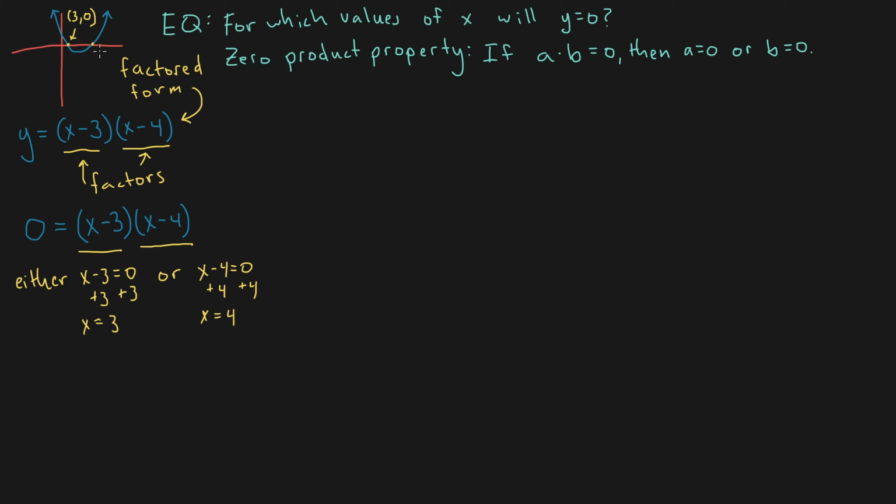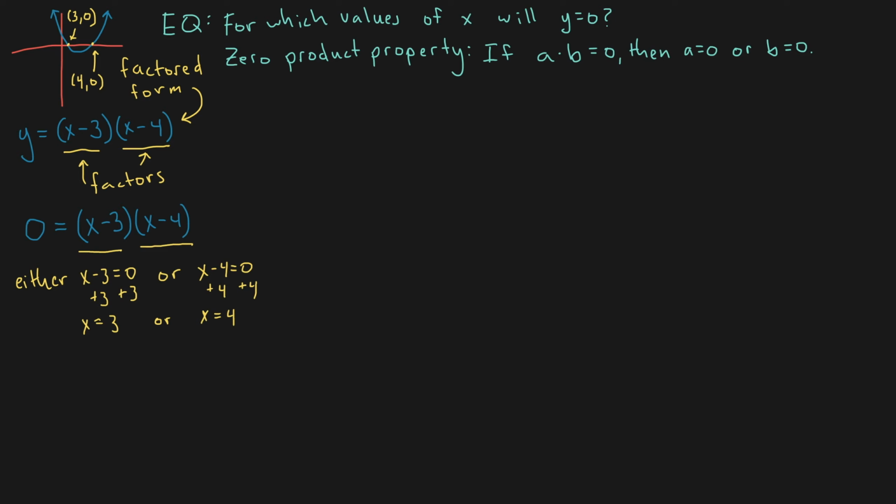So that would mean that this point right here would be at 4 comma 0. So either x is equal to 3, that would make this true, or x is equal to 4. That would make this equation true also, and that's because of the zero product property.